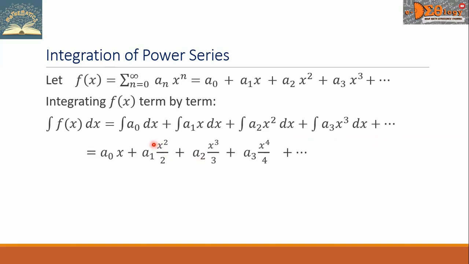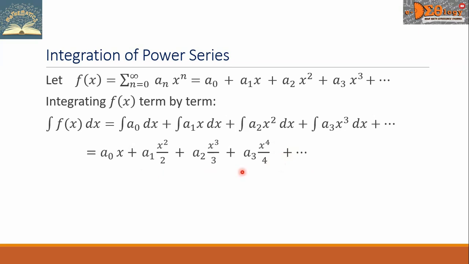Simplifying this, we will have a sub 0 x plus a sub 1 times the fraction x squared over 2 plus a sub 2 times x cubed over 3 plus a sub 3 times x raised to 4 over 4 plus and so on.